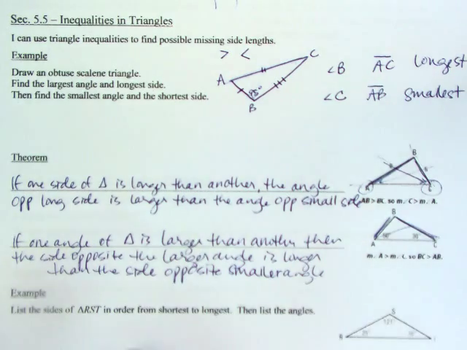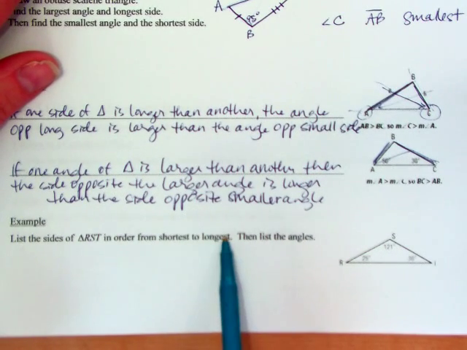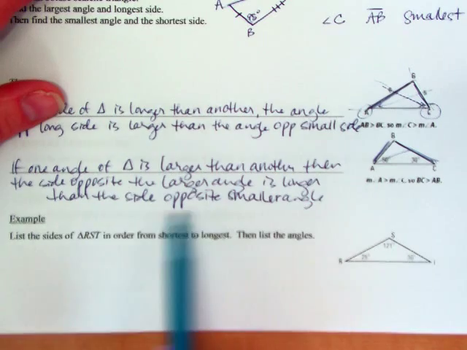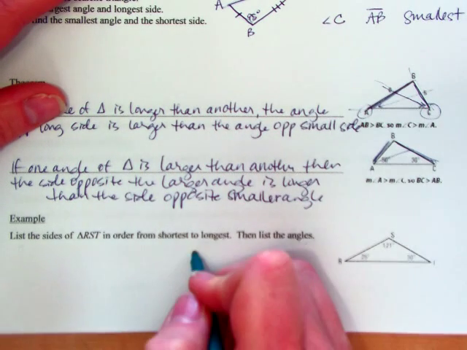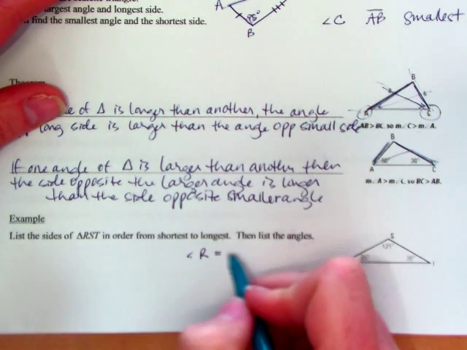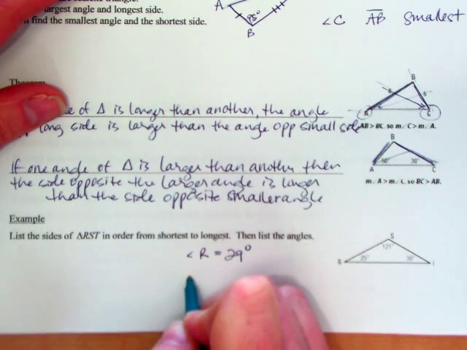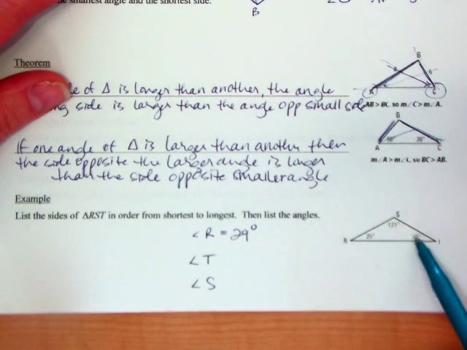Okay? So what you're going to be doing today is figuring out which one is smallest to biggest or biggest to smallest. You're going to list them. So we're going to list the sides. I'm going to start with the angles because sometimes that helps me better. So angle R is the smallest at 29, I think that is. And then you've got angle T and then angle S. So small, medium, large.